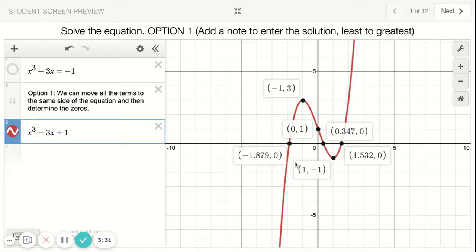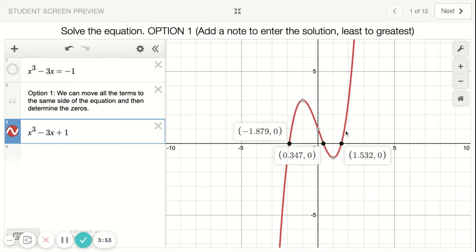According to the steps that you were given last week in your notes, step 3 says the x-intercepts are the solutions. So we're not interested in the minimum and maximum or the vertices unless they are on the x-intercept. Not interested in that y-intercept or this minimum point here or that point.